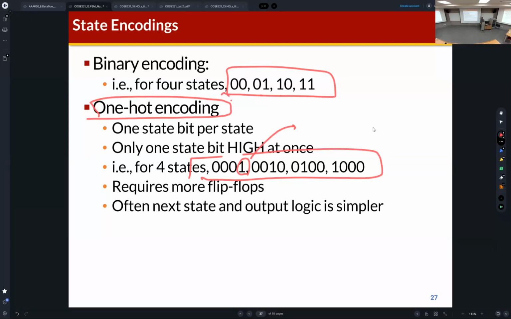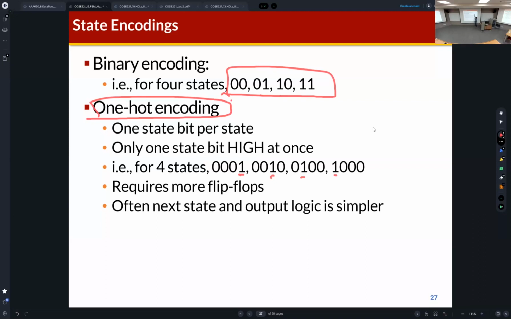And I believe it's very simple, because each bit represents a different state. But in order to implement one-hot encoding, we require more flip-flops, which means more hardware resources.